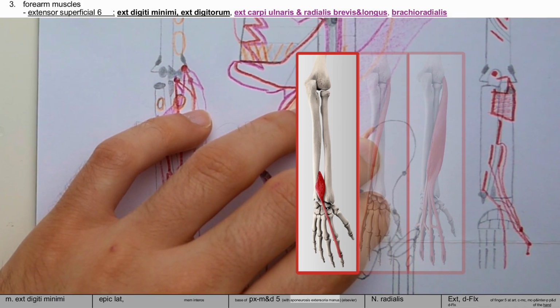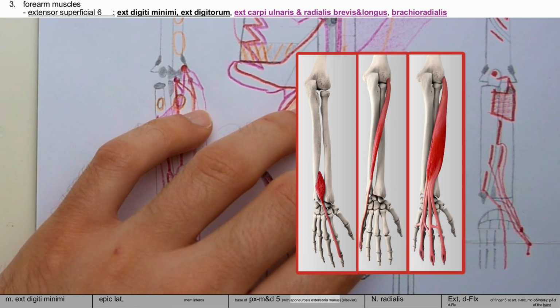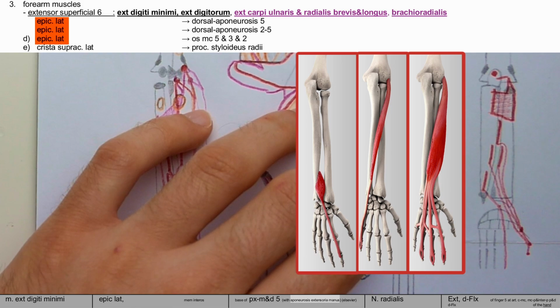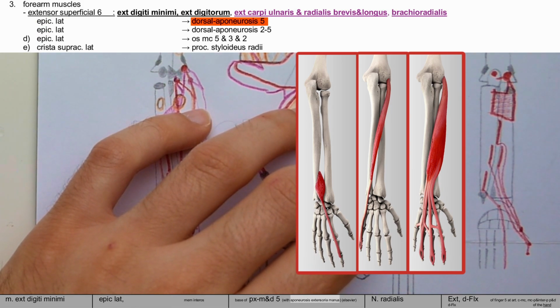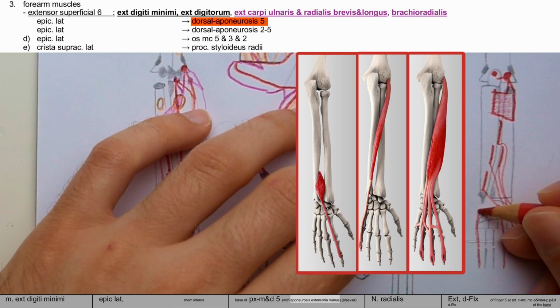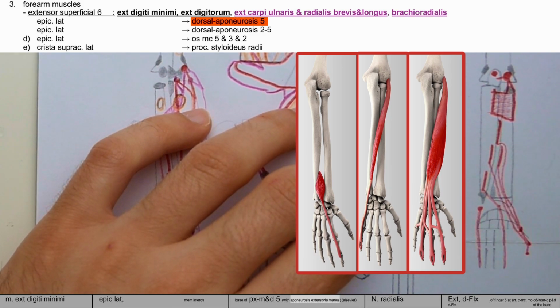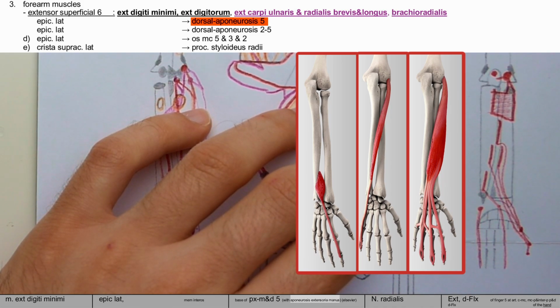Now to the third step and the said superficial digital muscles. From now on, all muscles originate from the epicondylus lateralis. We draw the dorsal aponeurosis of the finger 5 for the musculus extensor digiti minimi. I won't connect the origin with the insertion yet, because the course of the muscle overlaps with the next muscle, the musculus extensor digitorum.